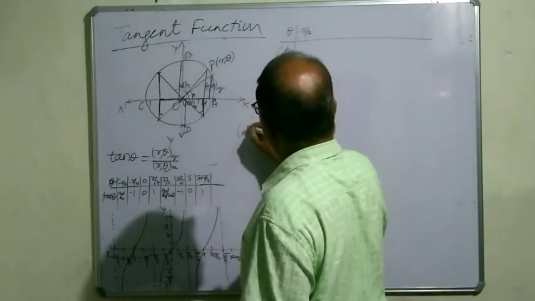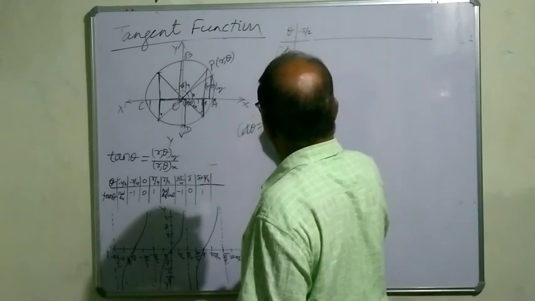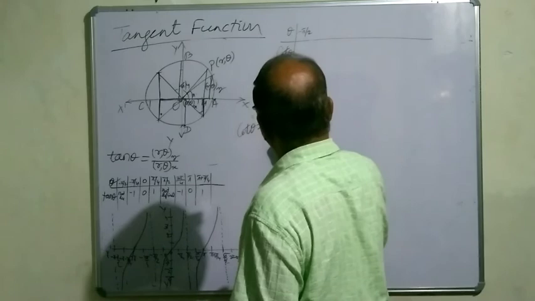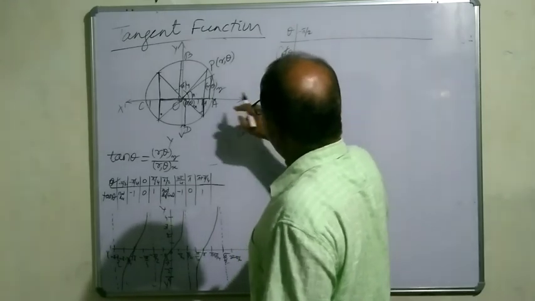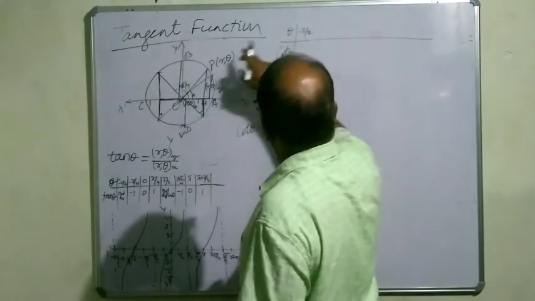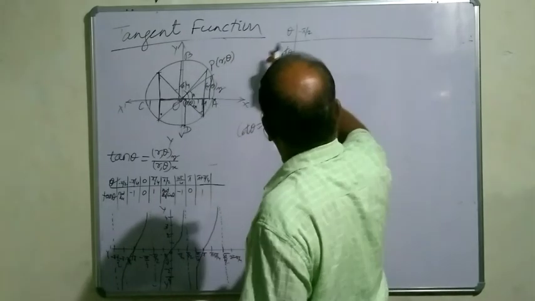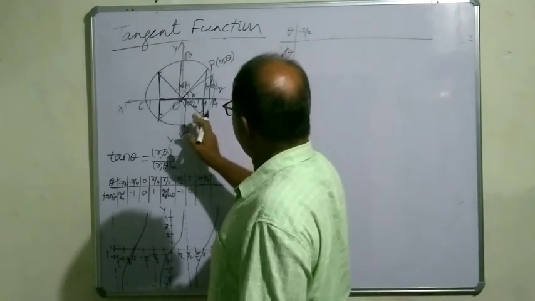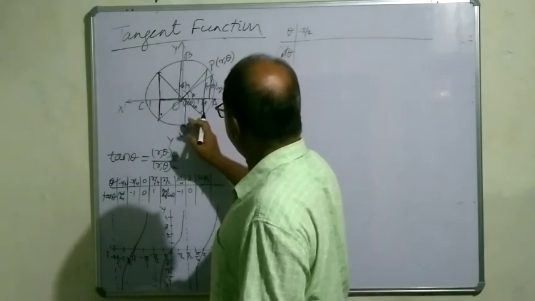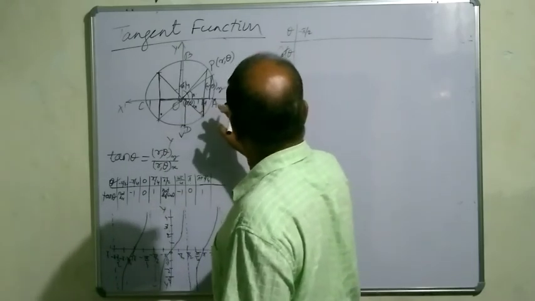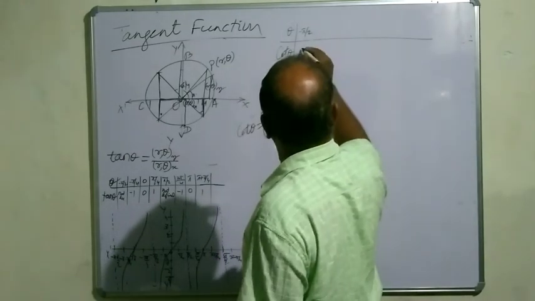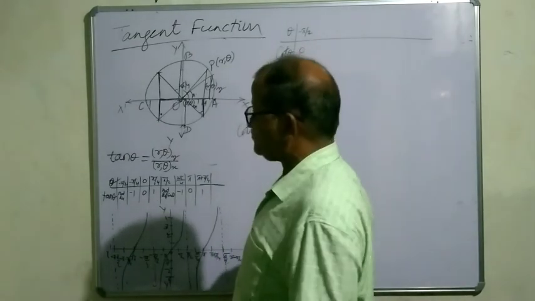Cot theta is r theta x by r theta y. So r theta x becomes 0 as it approaches minus pi by 2.